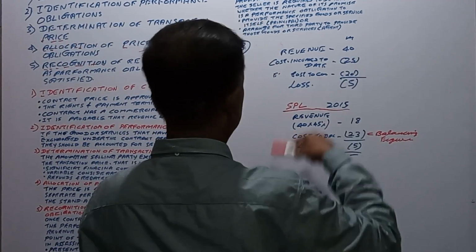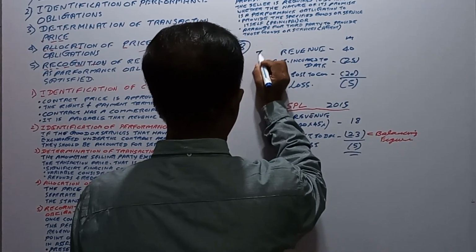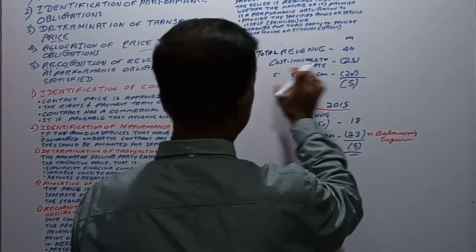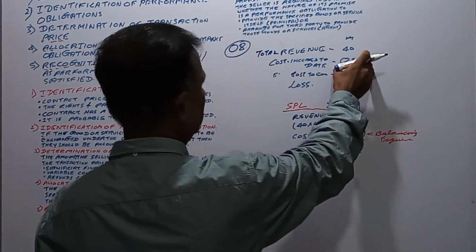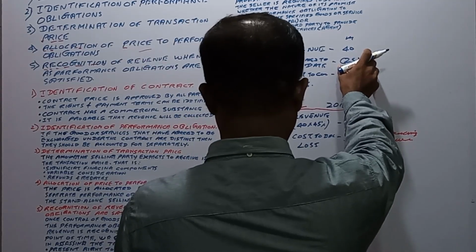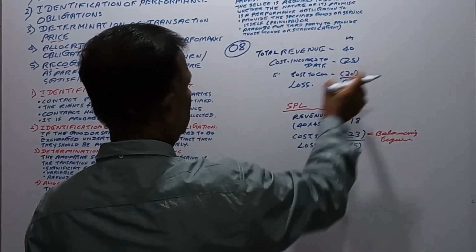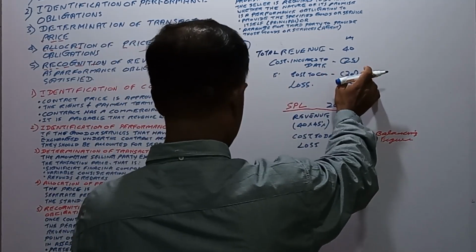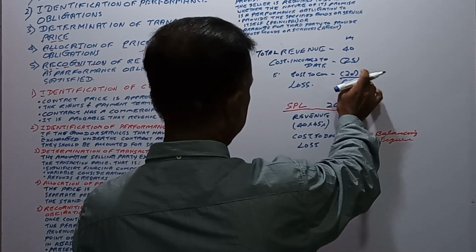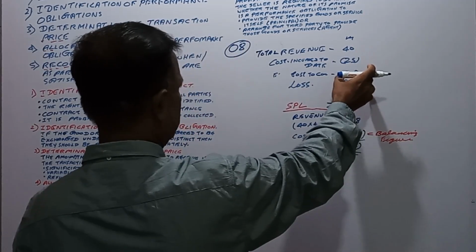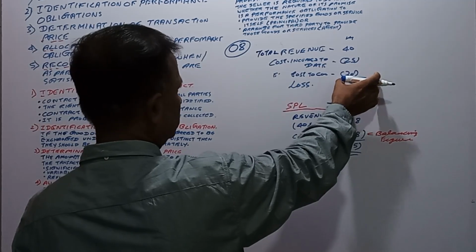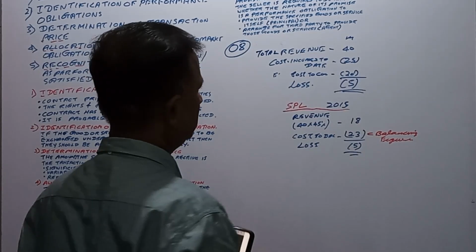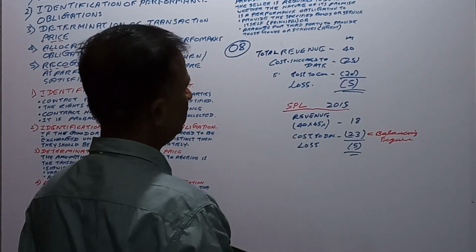The total revenue is 40 million. Total cost to date is 25 million, and in 2016 the cost to be completed is 20 million, right? Then the loss is 5 million. 5 million we have to write off immediately.